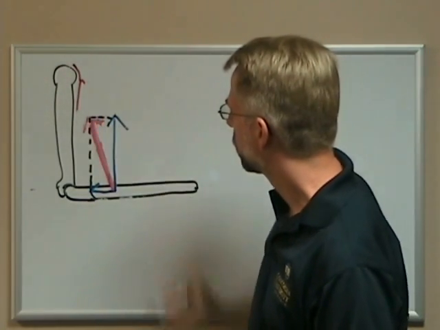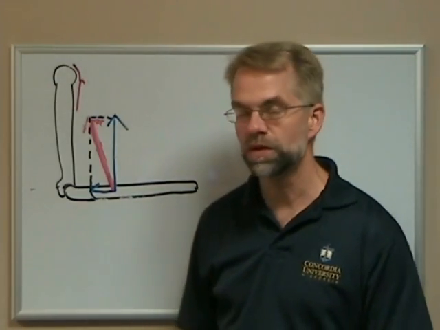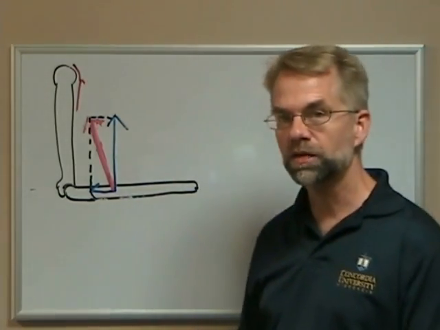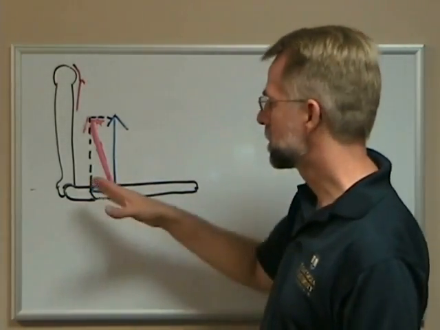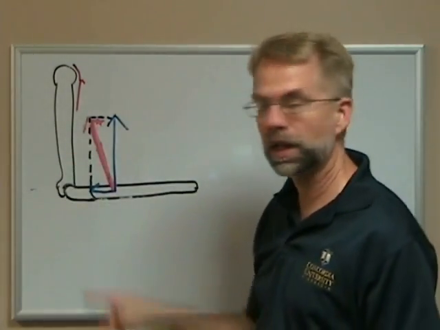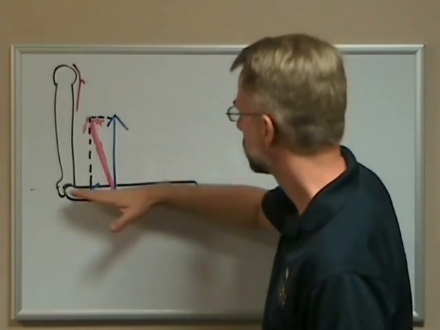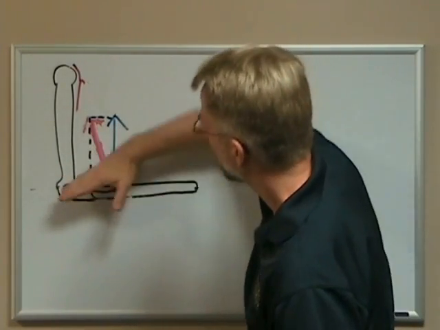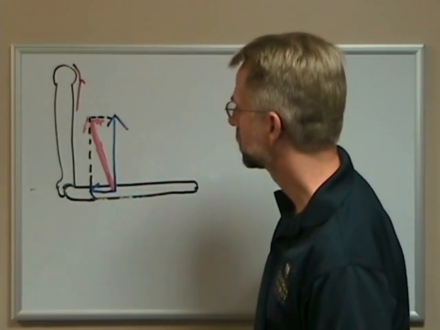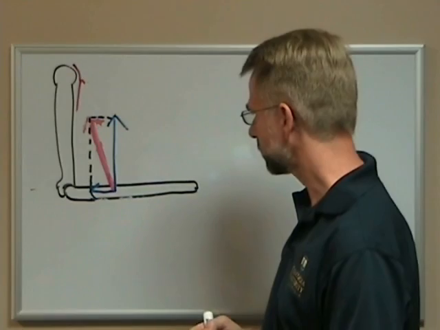Each muscle force has two effects. Okay? One effect of the muscle force is actual rotational motion. That is, you get movement of the limb about an axis. Okay? You create rotation as this forearm rotates around the axis at the elbow joint, or at the humeral ulnar joint.